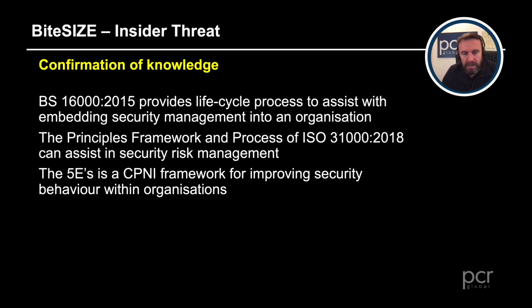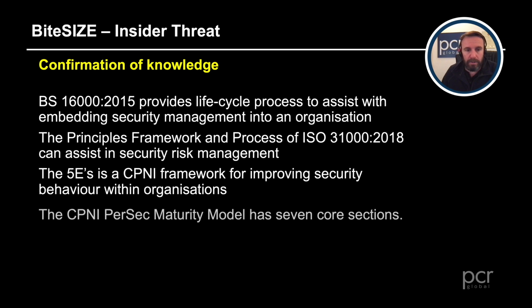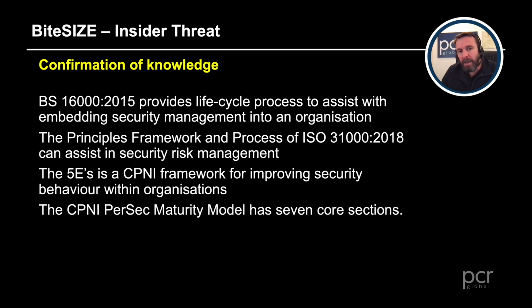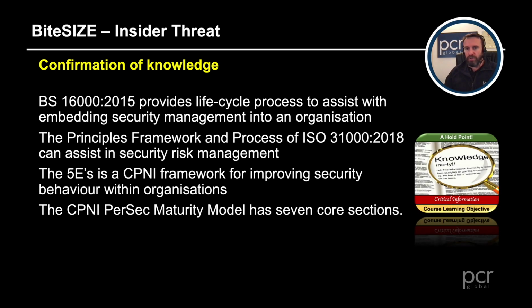Remember the 5 E's, which is the CPNI framework for improving security behaviour change within organisations. A lot of talk gets done about health and safety behaviour, security behaviour. It's exactly the same. Not much talk gets done about that. And then the CPNI personnel security maturity model, which has 7 core sections.